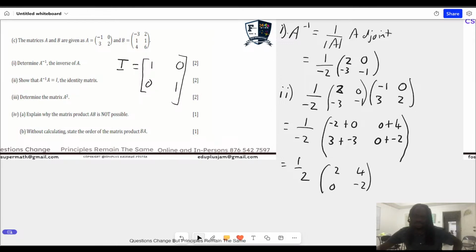That is it, yeah. Adjoint is 0, negative 6, that's 2. And then negative 1. 0. Oh, how did I get 4? How did I get 4 right here?